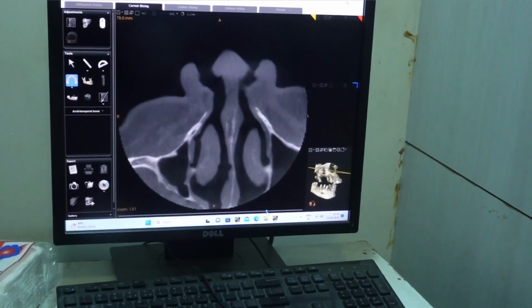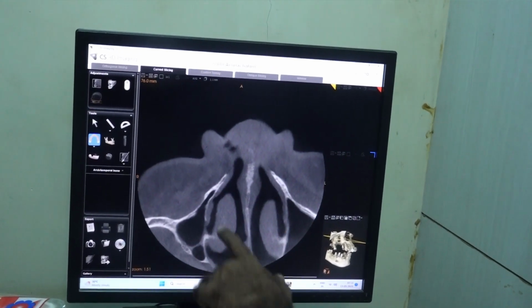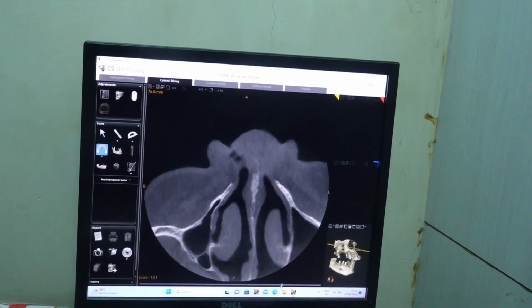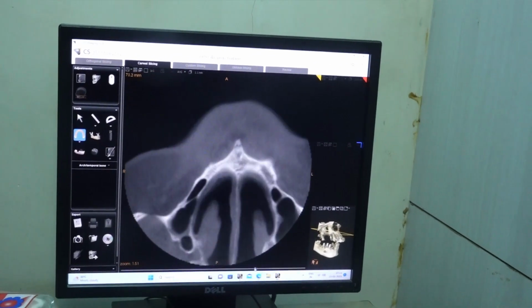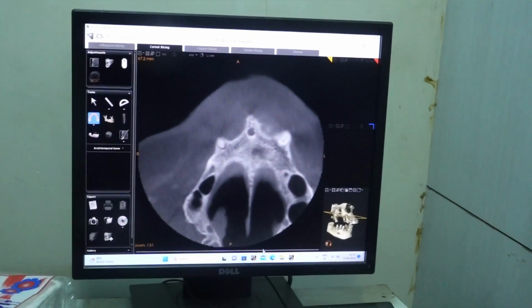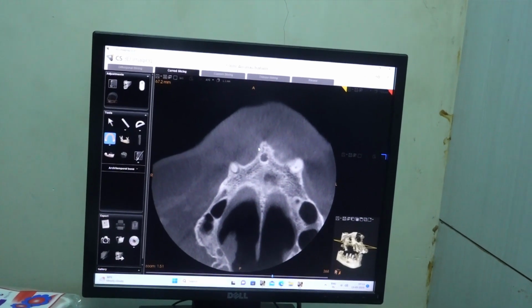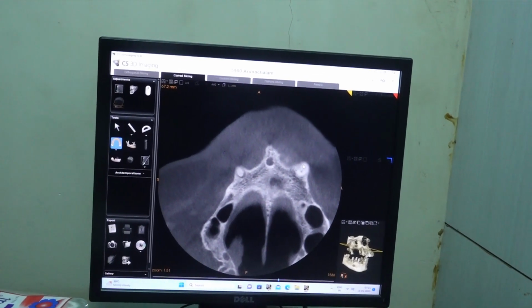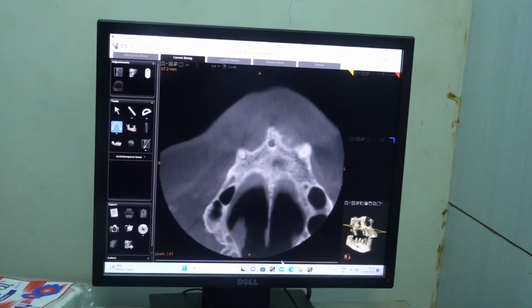This is the zygomatic bone. These are concave. Now we are coming to the maxillary alveolus. You can see the canal. You can see the labial concavity. So whenever there is a labial concavity, the situation becomes complicated.